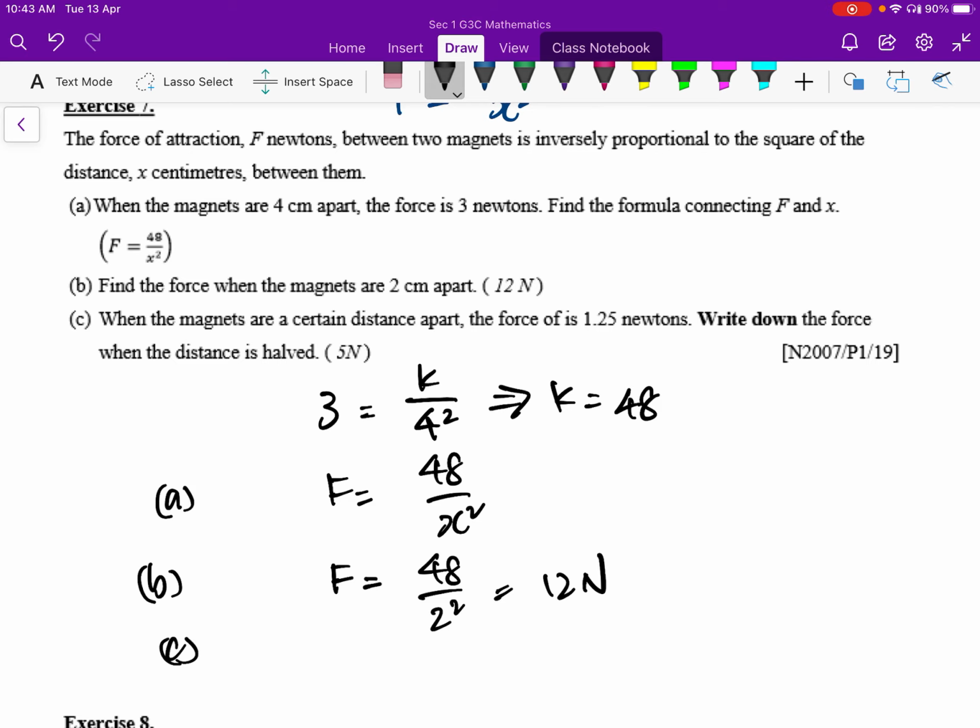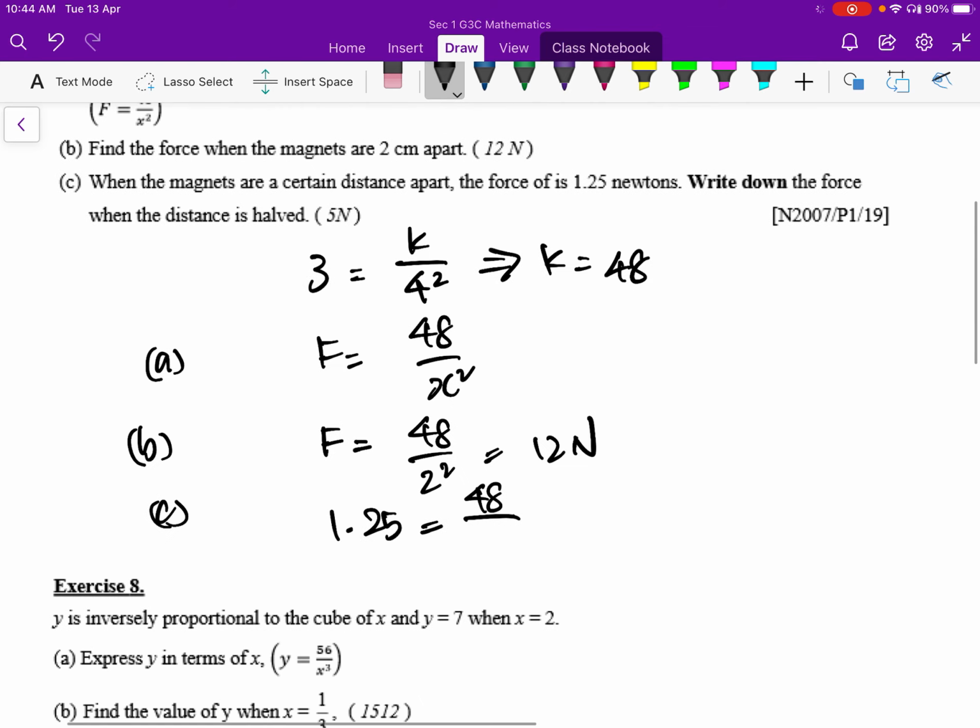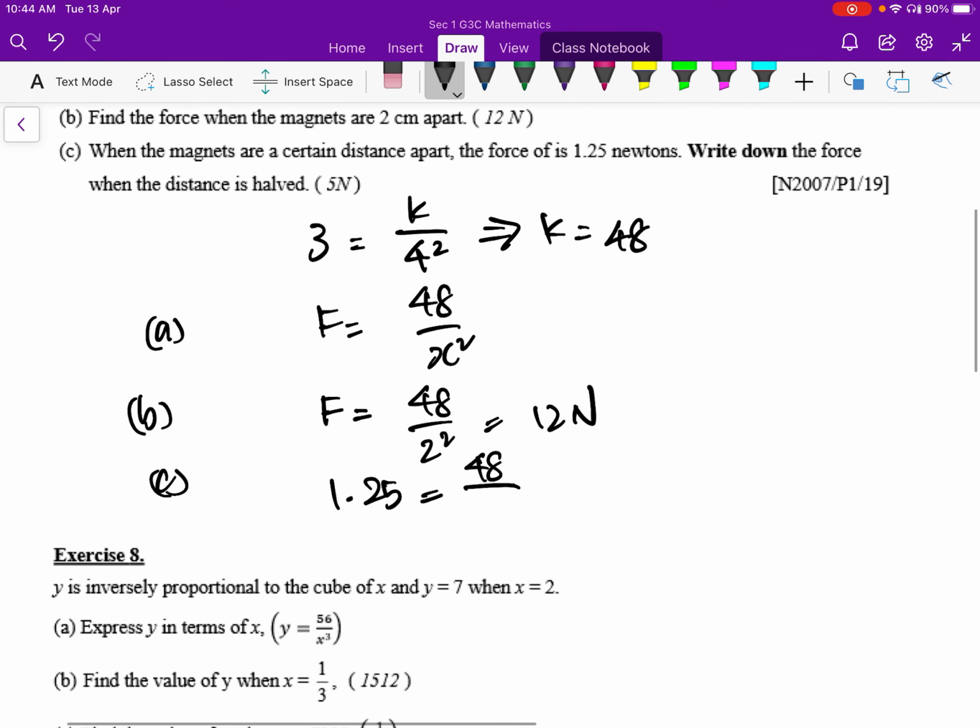Certain distance, the force 1.25 equals to 48 over a certain distance. So since this is a certain distance, I would want to call it xo squared. Or you can just call it x if you want to. Just take note that later on the x is going to change. Okay? So here, our xo squared is going to be 48 over 1.25.